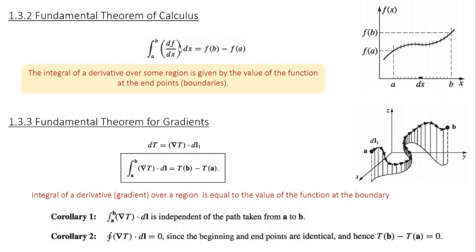So you have a function f of x. So when x changes by a small amount dx, what is the corresponding change in the function? So this is given by df. Now we are taking its integral from a to b. So this is the total change in the function, which is given by f of b minus f of a.